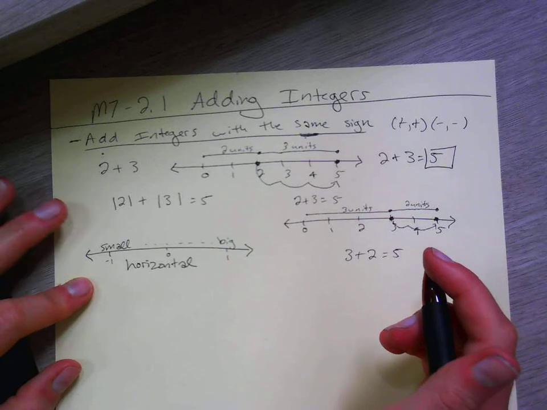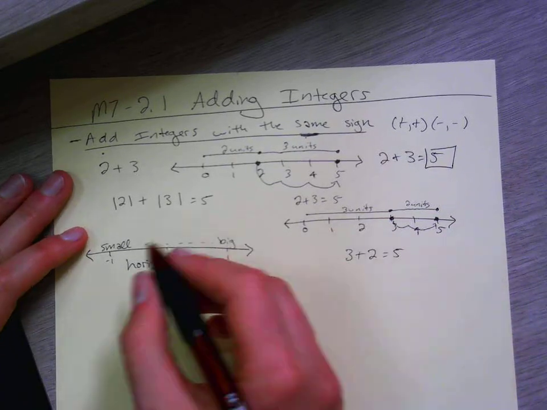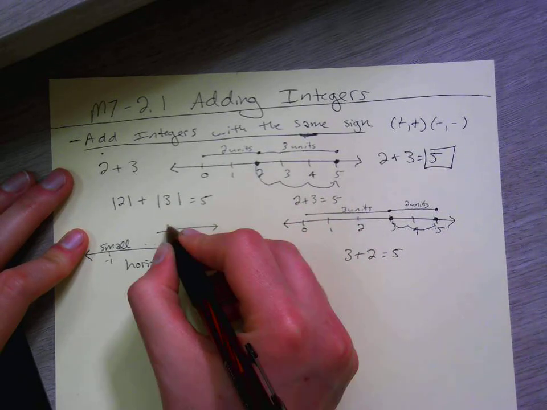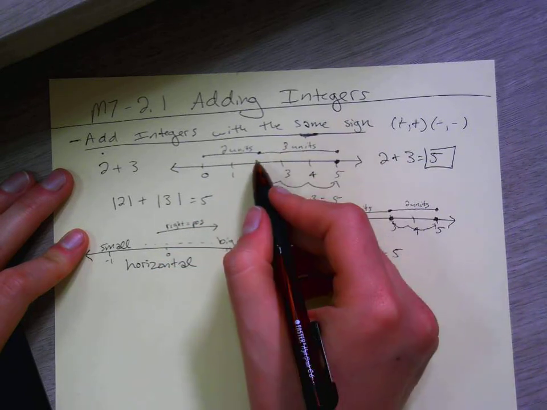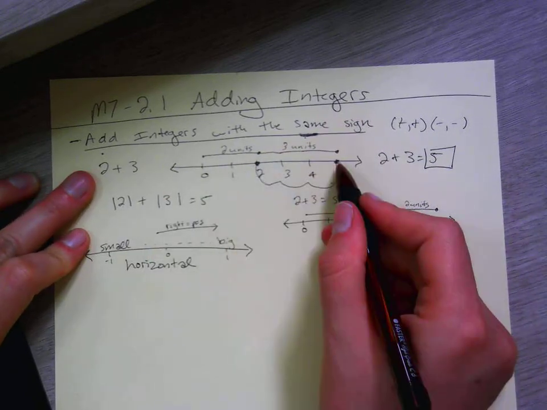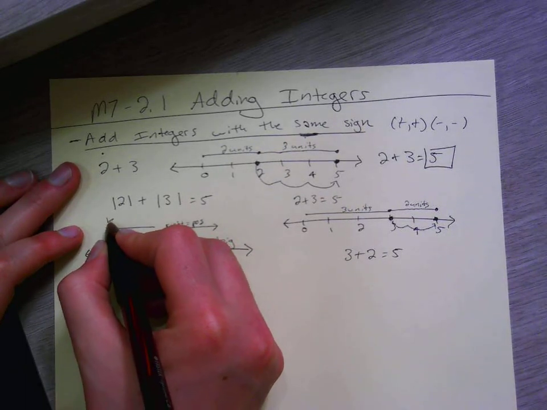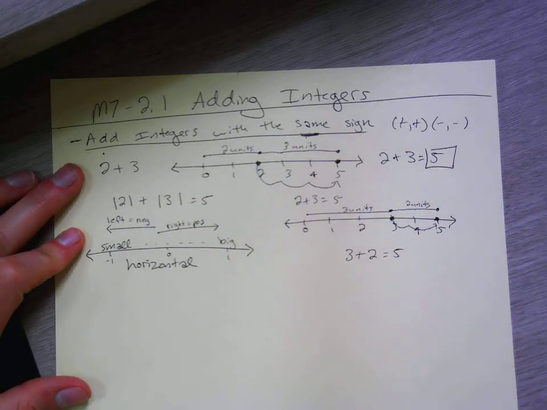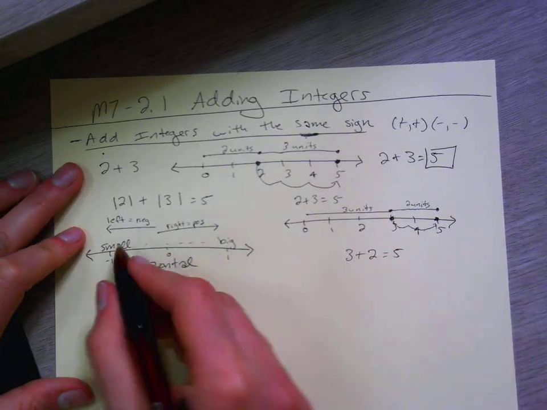When we go positive, so if you want to use a positive number, you go to the right. Right equals positive. Just like how these numbers are positive, we moved to the right. If you want to go to the left, your number will be negative. So if you have a negative number, you'll go left. We'll do an example in a minute. But that's for a horizontal number line.